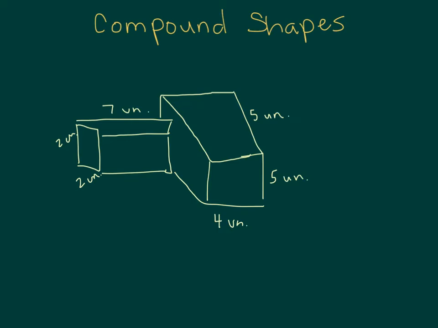I'll give you that. But we can see how if I were to divide this right along here, these are my two shapes. So I have shape number one, a rectangular prism, and then a second one. We can find the volumes of shape number one and shape number two and figure out what they are together.